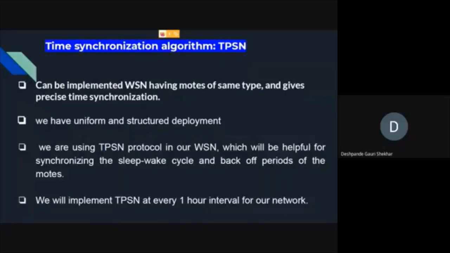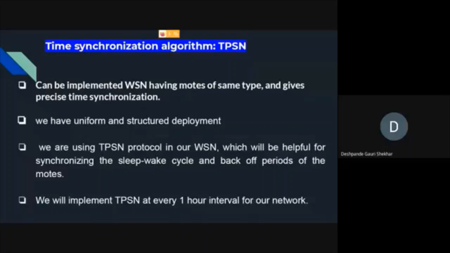For TPSN, it is assumed that all nodes have a unique ID across all the layers. Since in our case we have uniform and structured deployment, we have pre-programmed a unique ID to each node based on its location. So, we can use TPSN here. We know TPSN is made up of two phases, that is, level discovery and self-organization.